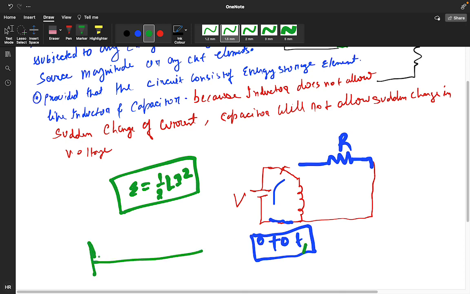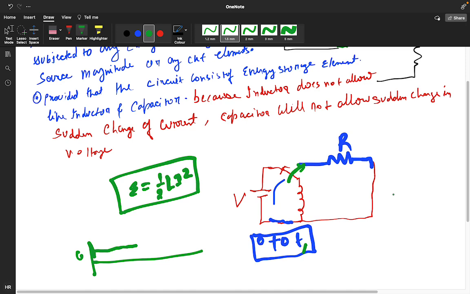So from 0 to t, the connection was like this. At t second, the connection moves from this point.